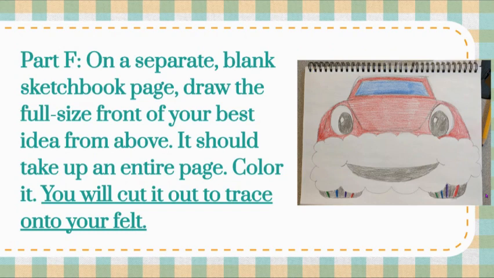You can see I refined my idea for my cloud car, and now it is on the right-hand side there. You can see I've colored everything in. I know exactly what colors of felt I need to focus on, predominantly red and white, so I can pick my felt accordingly to use my pieces wisely. And when your full page, full color design is done, you're going to raise your hand and show me so you can get your materials to move on.